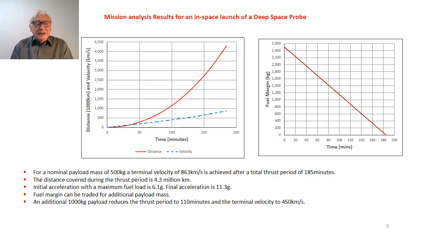The analysis gives us a terminal velocity of 863 kilometers per second. Yeah, this is pretty fast. And this is achieved after a total thrust period of 185 minutes. Now, the distance you cover during this thrust period is 4.3 million kilometers.